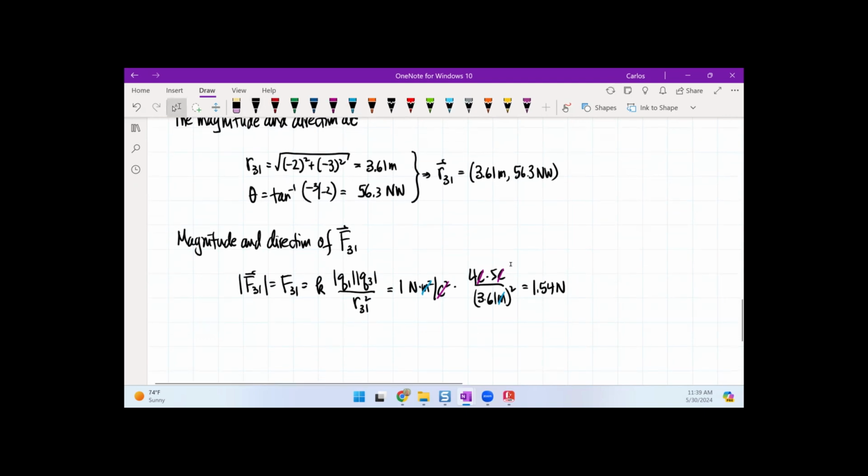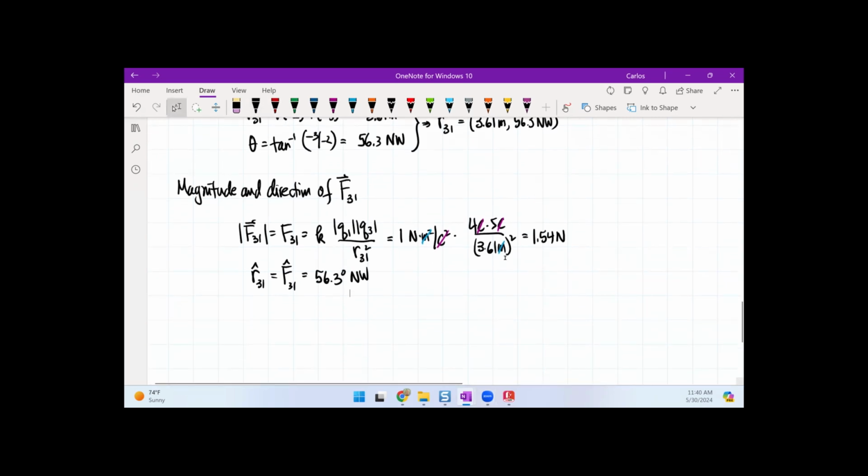But we need the direction, and the direction of F31 is going to be 56.3 degrees northwest.